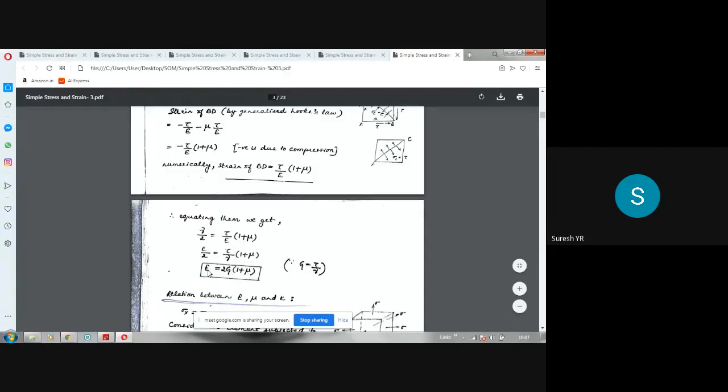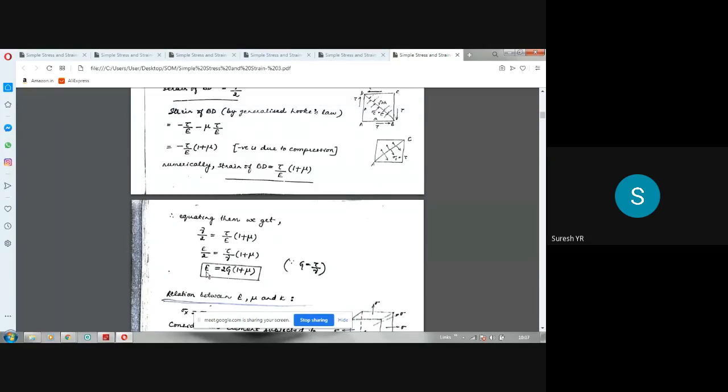So E is Young's modulus, which is defined as the ratio of normal stress to normal strain. That is sigma divided by epsilon. Sigma divided by epsilon is Young's modulus. G is shear modulus, the ratio of shear stress to shear strain, tau divided by gamma. You should be very thorough with the notations.